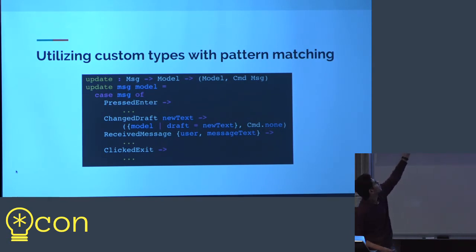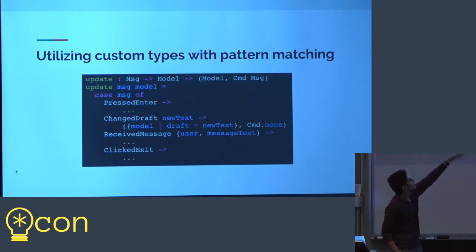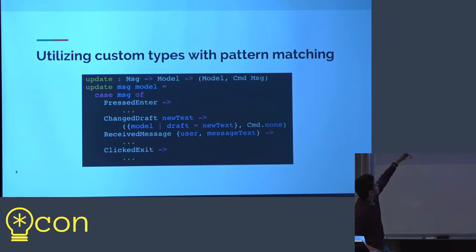The message could be of type pressed enter, and then we'll define what to do there, then changed draft, which carries with it the new text. You will say that, OK, take the old model and set the draft field of it to new text, and don't execute any command. Similarly, you will handle the received message case, and similarly, you will handle the clicked exit. The compiler will ensure that you've pattern matched on every single one of those possibilities, which is great because it makes you handle every single case in your code.